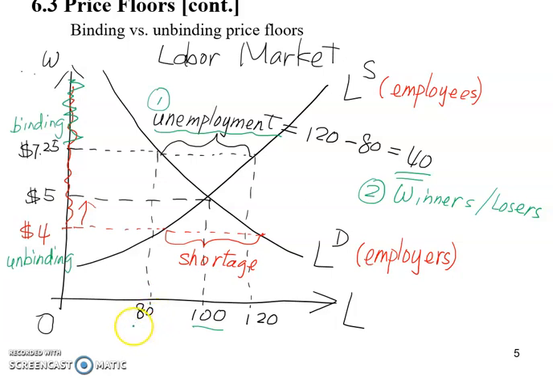So only 80 jobs are created on the market. We used to create 100 jobs, and now only 80 are available, which means we lose 20 jobs. I want to ask you, who are these 20 laid off workers? Who are more likely to be laid off?